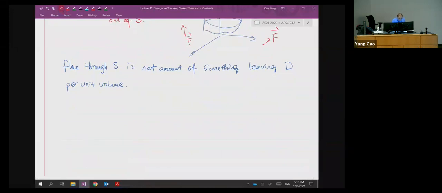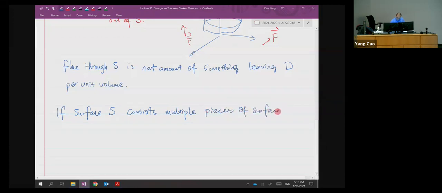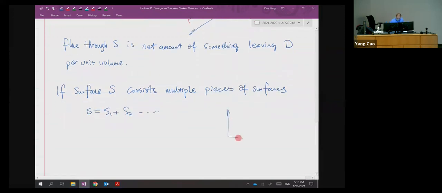you also need to know that if the surface S consists of multiple pieces of surfaces, for example S equals S1 plus S2, not just one single surface, and that's very common.